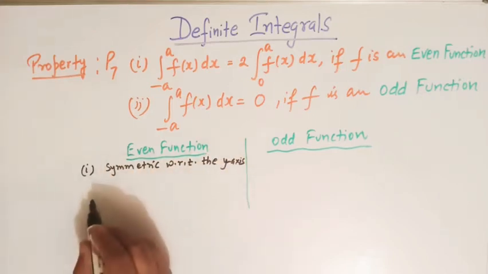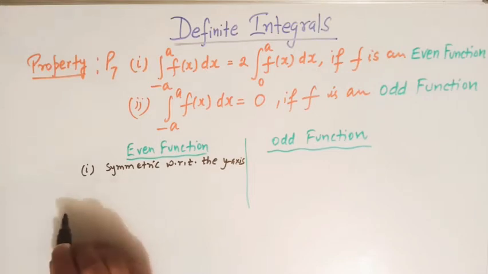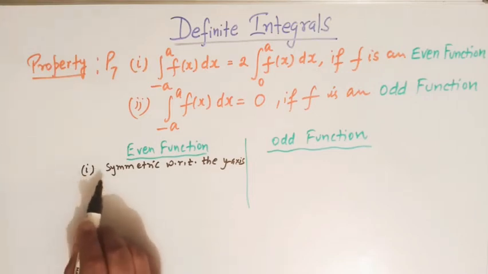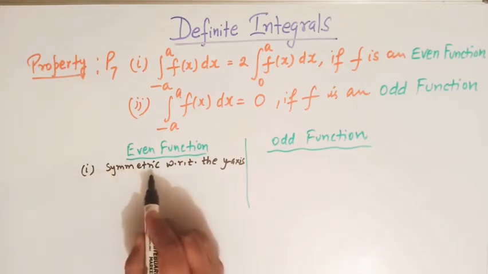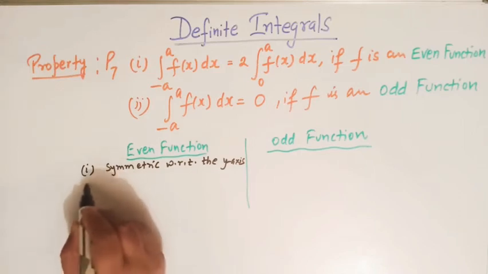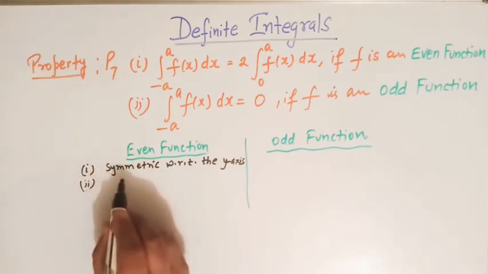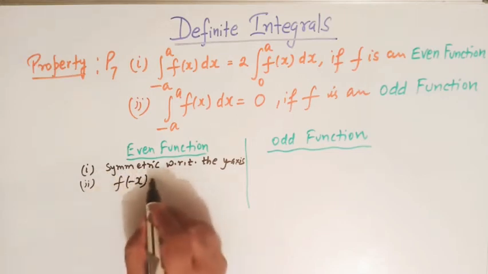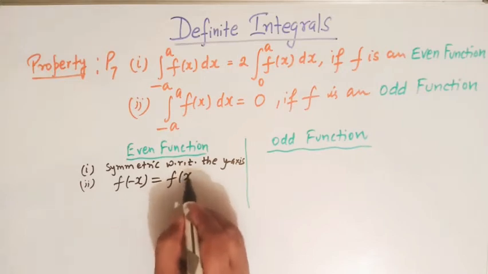So what is an even function? A function is said to be an even function if its graph is symmetric with respect to the y-axis. In other words, we can also say that a function is said to be even function if f of minus x is equal to f of x.